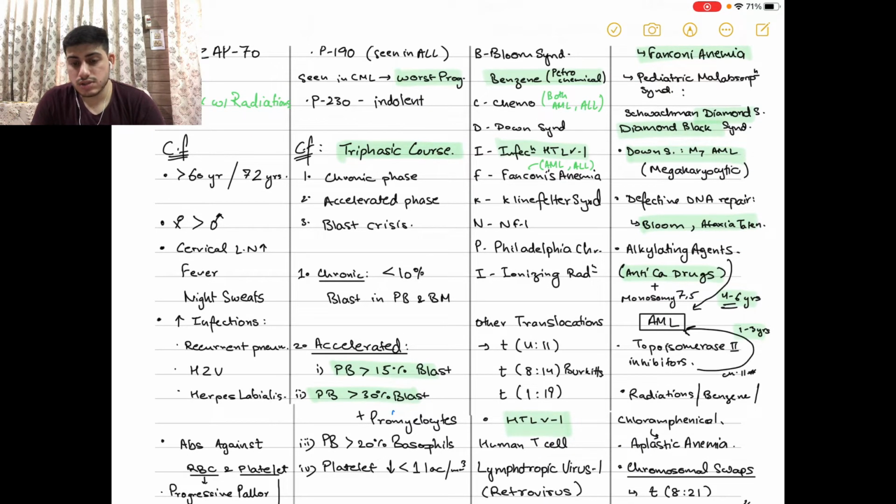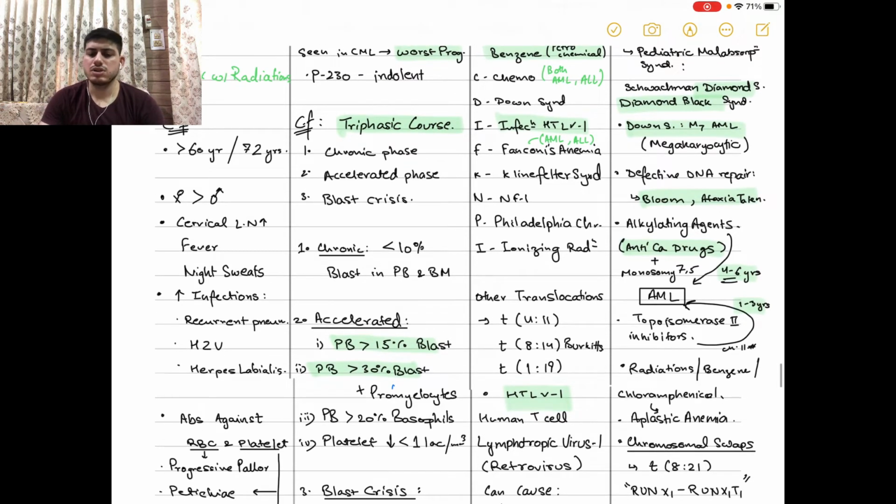And infection, what kind of infection? There is a very specific infection, that is HTLV-1 infection. We will talk about this later. It's a kind of viral infection, so it can also cause this ALL. And then there is Fanconi's anemia. Now about anemia, I want to tell you, if there is any kind of aplastic anemia, that is already a risk factor for a blood cancer.